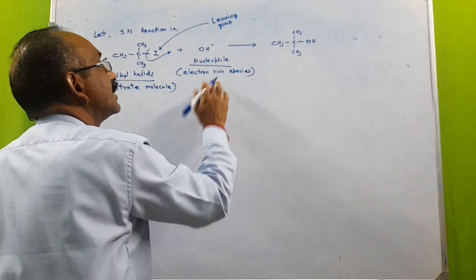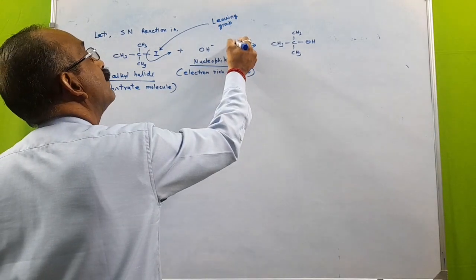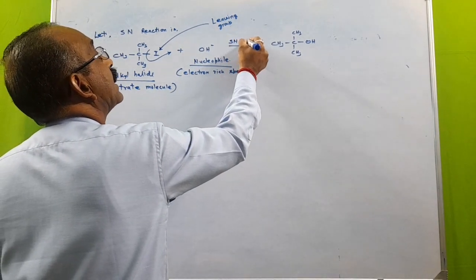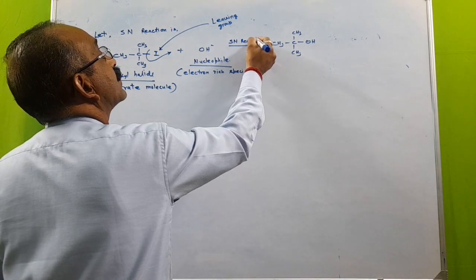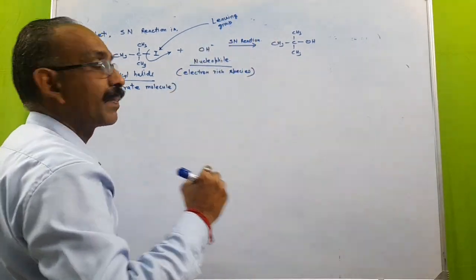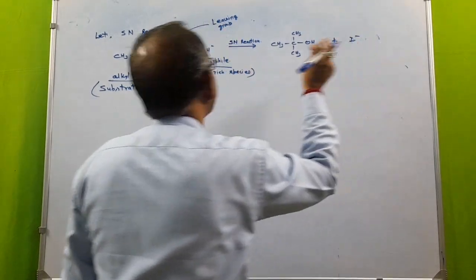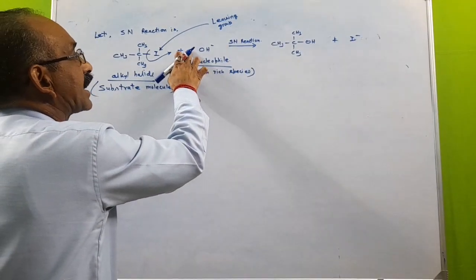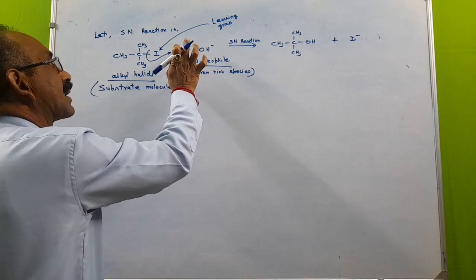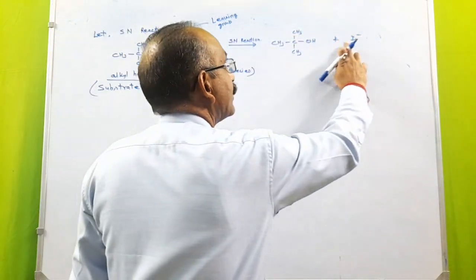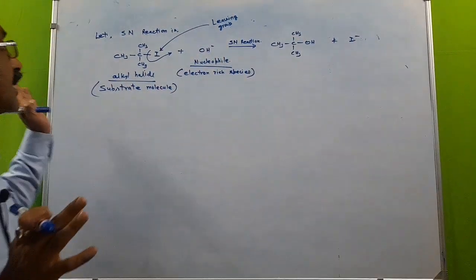So that's why this one is an example of the SN or nucleophilic substitution reaction. Now this I minus will set free. If here I am taking KOH, so the K plus will form bond with the I minus, we will get the KI. This one is our nucleophilic substitution reaction example.